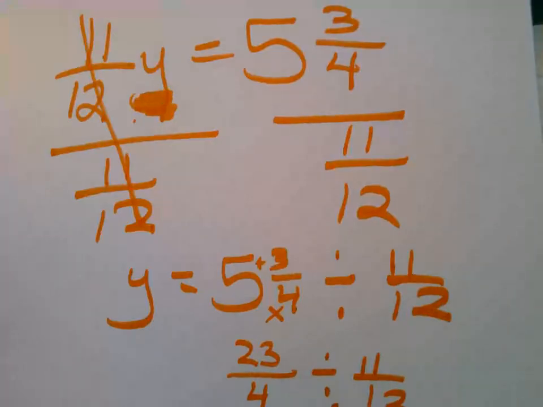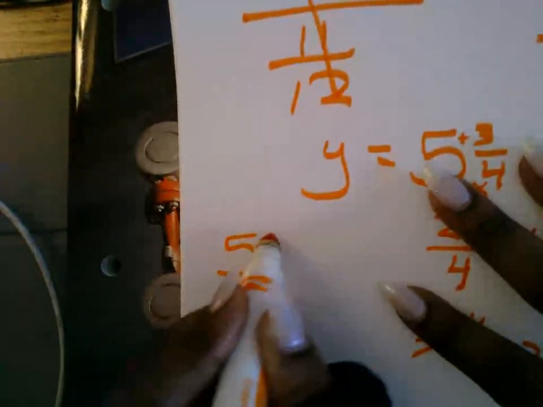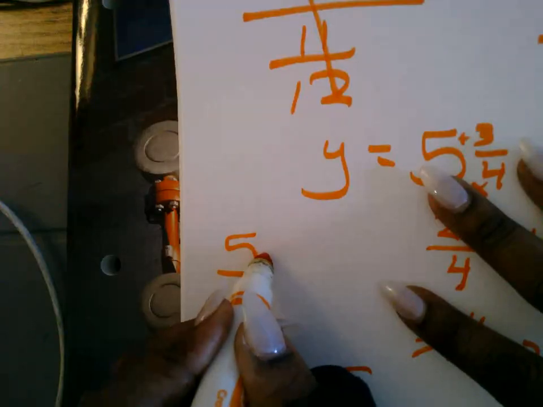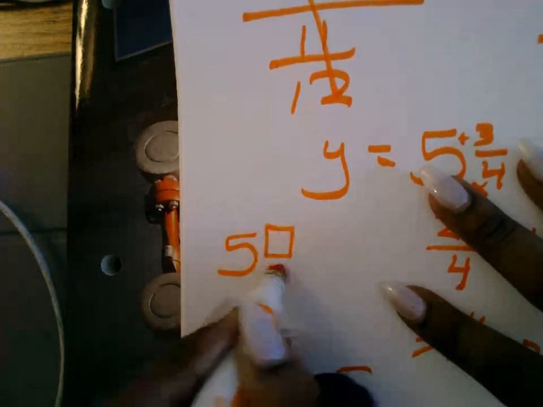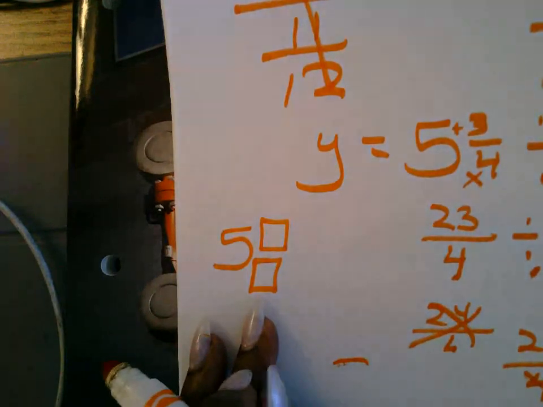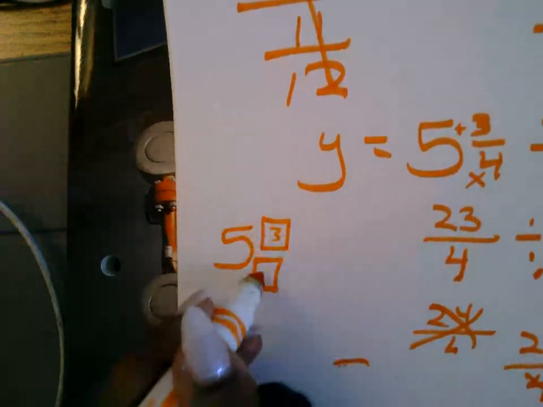So I'm going to type in 5, fraction bar, 3/4, divided by. Now look, it is important that when you type this in, that 5, you arrow over and press this little fraction button, and then you key in your 3/4.